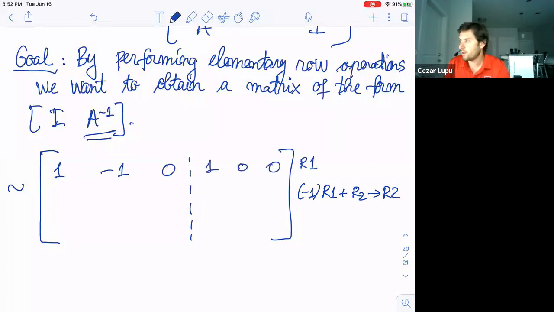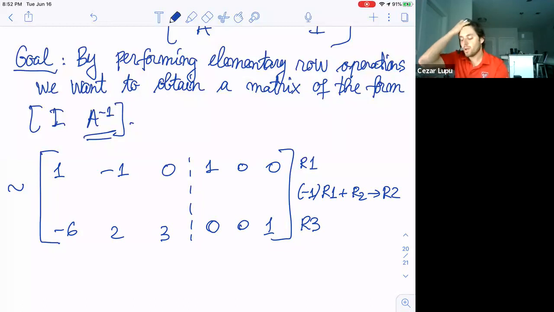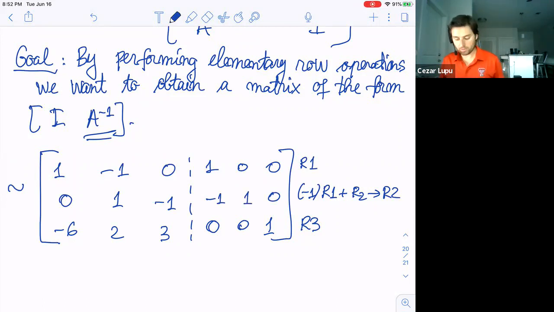And R3 will stay the same: -6, 2, and 3, and then 0, 0, 1. And now the only thing that we're going to modify will be R2. So you will have what? 0, 1, -1, right? And here you will have -1, 1, 0, correct? Please correct me if I did something wrong here.